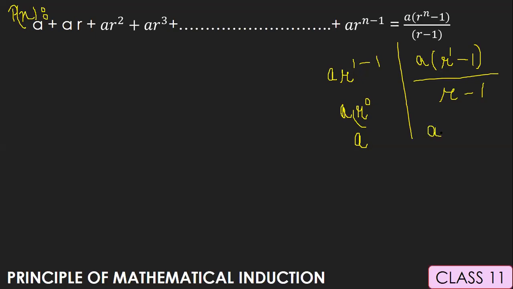So a r raised to power 1 is r, minus 1, divided by r minus 1. So r minus 1 would cancel out and you are left with a. So a is equal to a, LHS is equal to RHS. That means it is true for n is equal to 1. Now let us assume it is true for n is equal to k.